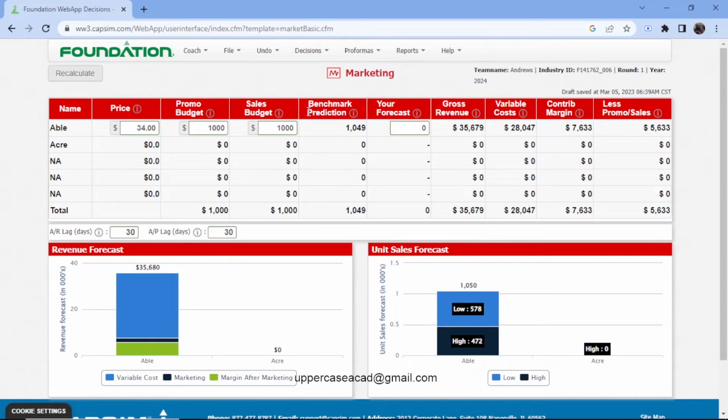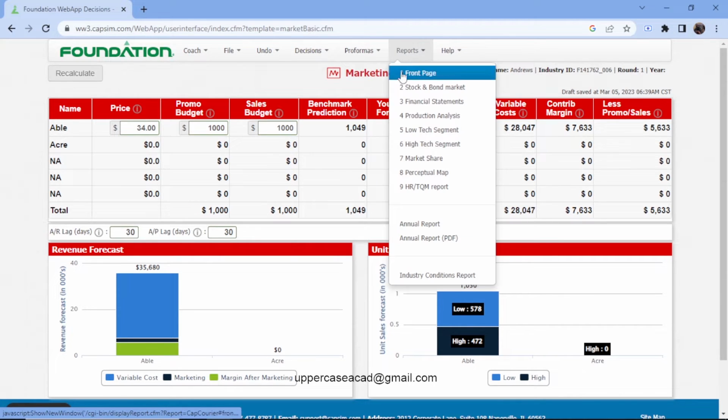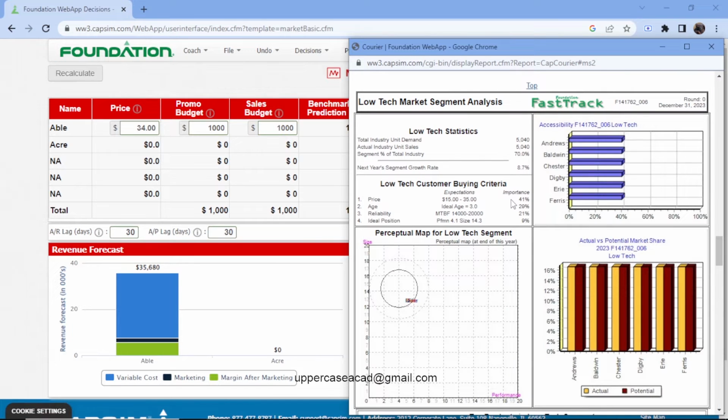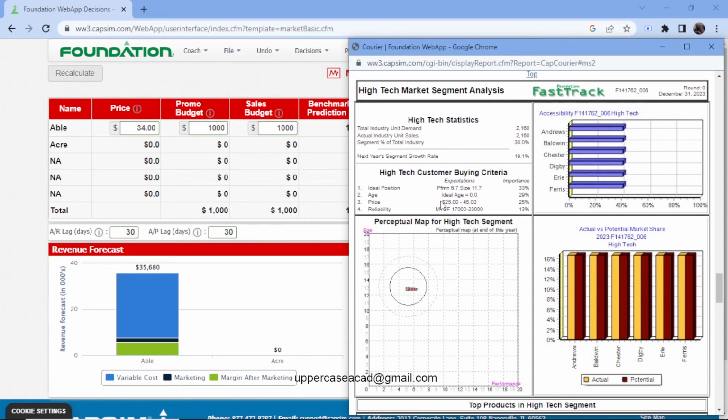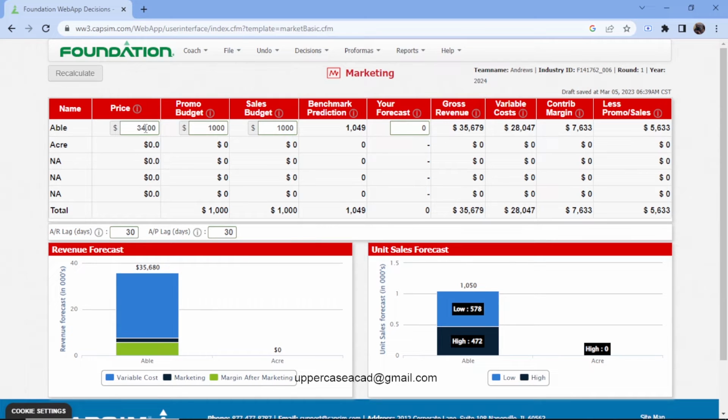Because I want my product to sell both in the high-tech and the low-tech market segment, I'll look at the report for pricing. The low-tech want a product between $15 and $35 with 41% importance, and the high-tech want a product between $25 and $45, which is 25% importance. Because I want my product to sell in both the high-end and low-end market segment, I'll price my product at $36.